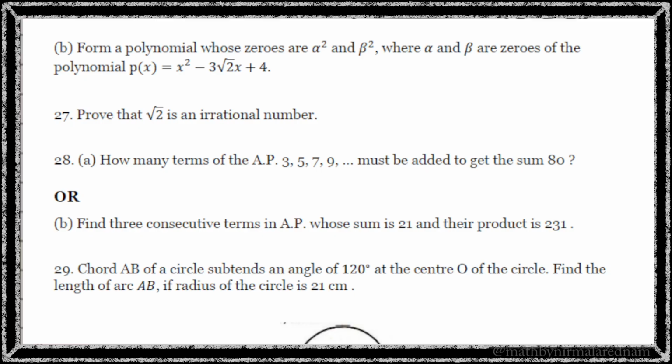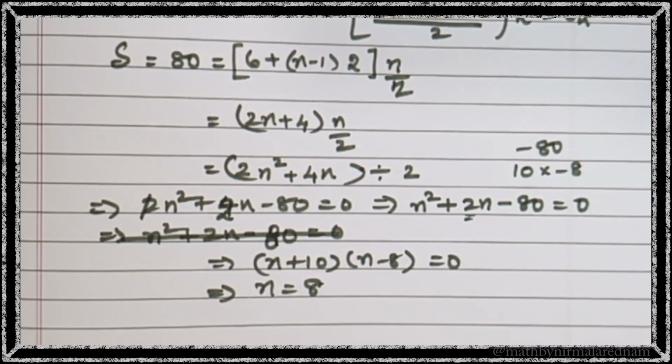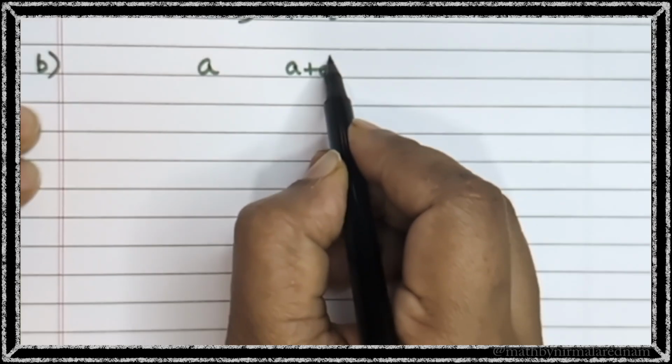Now the internal choice question B: 3 consecutive terms in AP whose sum is 21 and product is 231. Whenever they're talking about 3 consecutive terms in an AP, usually we take the 3 terms as a minus d, a, and a plus d.